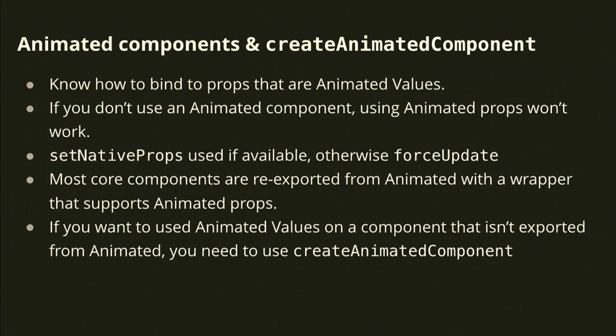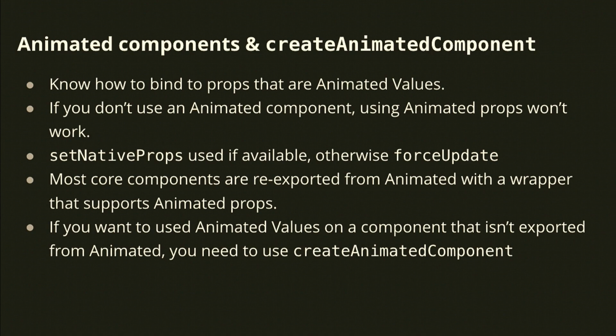So just to give you a little bit of understanding of what's happening here when we bind to these values. The reason why animated exports things like view, so view is just one of the components that's exported. There's scroll view, there's text, kind of like the core React Native components are available on the animated namespace.